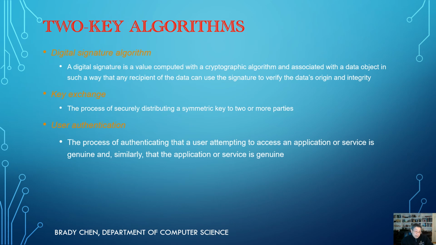Okay, so here are some of the applications of a two key algorithm. The first one is the digital signature algorithm. A digital signature is a value computed with a cryptographic algorithm and associated with a data object, like a data message or paragraph, in such a way that any recipient of the data can use the signature to verify the data's origin and integrity.